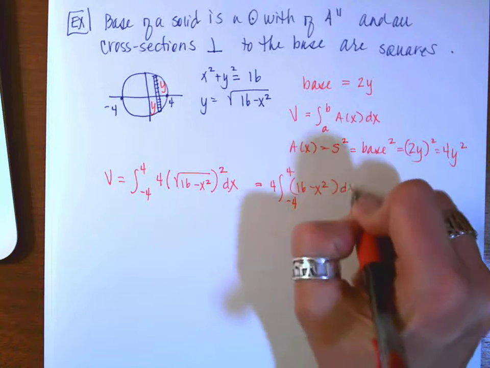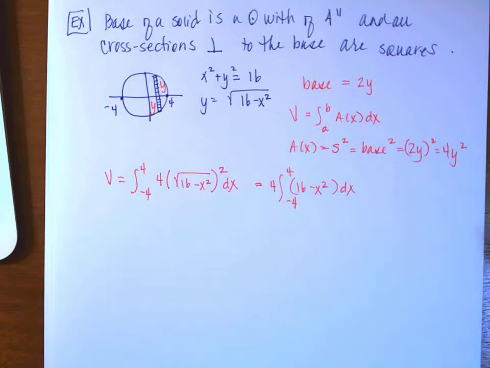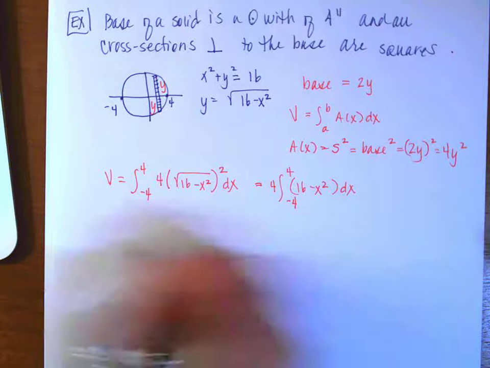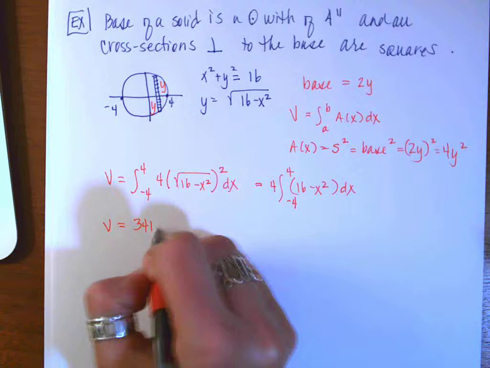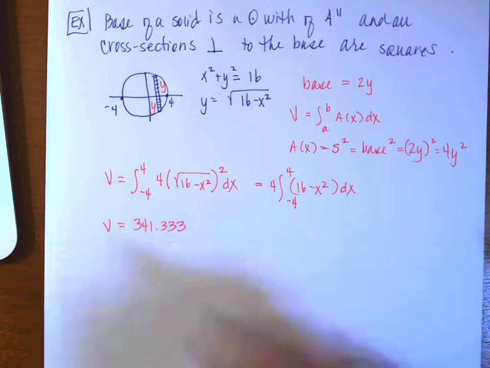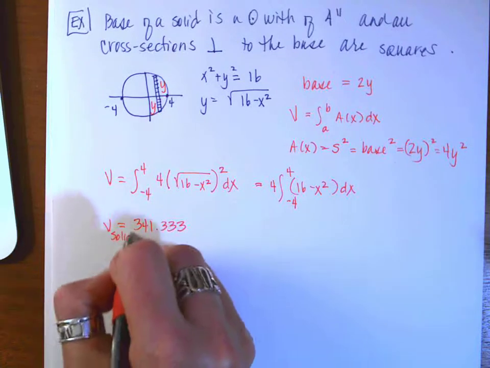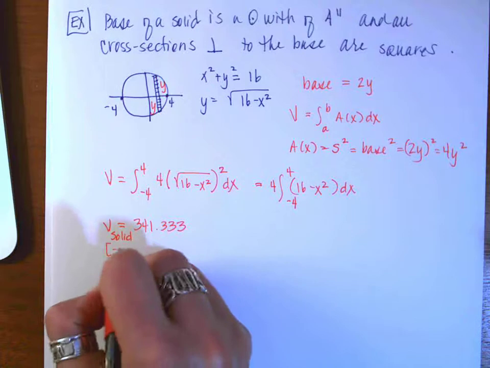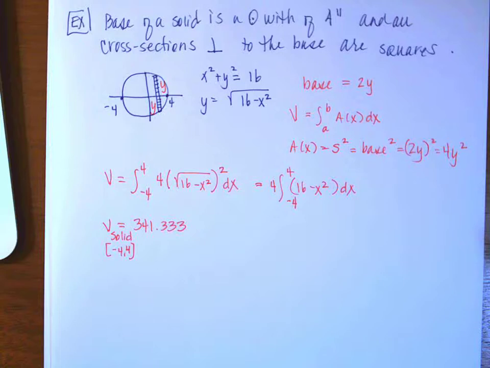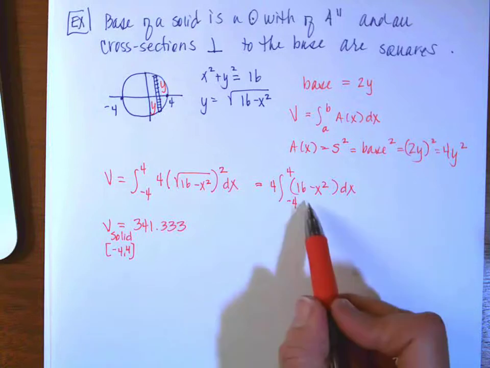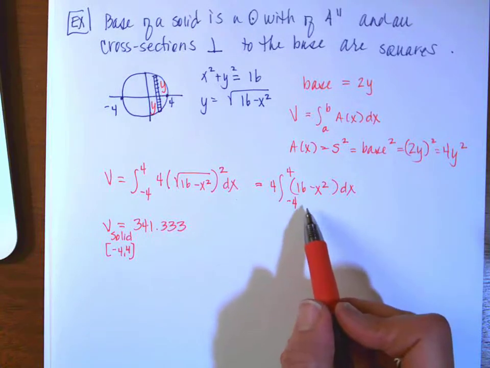I'm going to bring that 4 out front, so it's 4 times the integral from negative 4 to 4 of 16 minus x squared dx. Well, now it's a pretty simple integral to integrate. If I do this math, I get that my volume is equal to 341.333, and then I would write that it's the volume of the solid, and if I wanted to, I could note that I integrated from a negative 4 to 4.